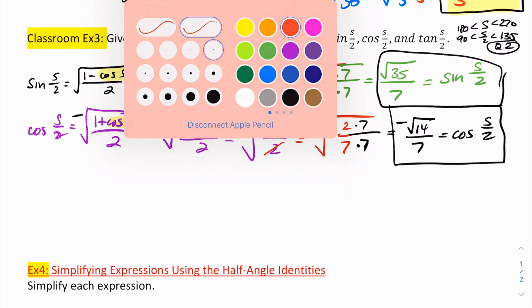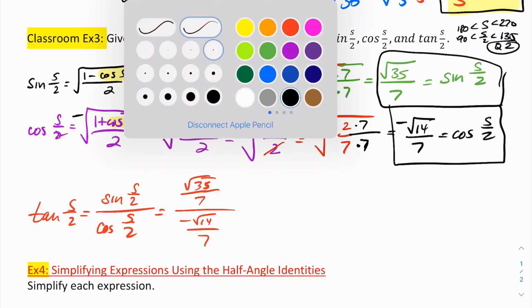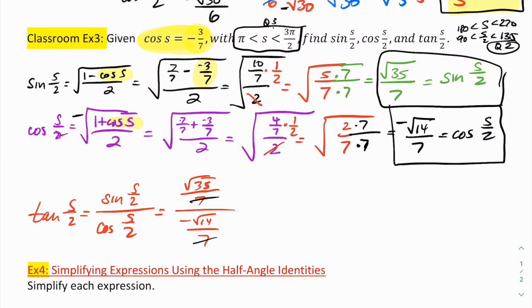And for tangent of s over 2, I will use sine of s over 2 divided by cosine of s over 2. So radical 35 over 7 divided by negative square root of 14 over 7. And again, we could flip and multiply. Actually, I could just cancel these out.